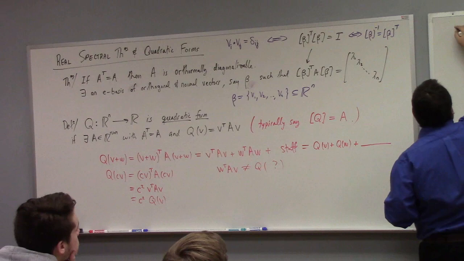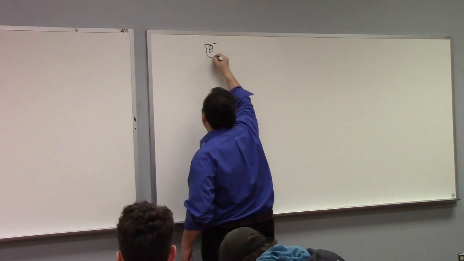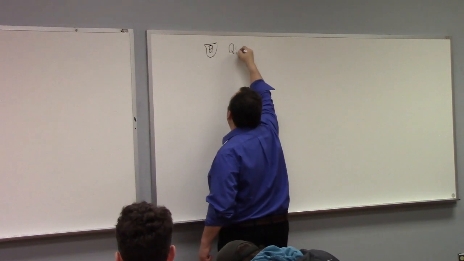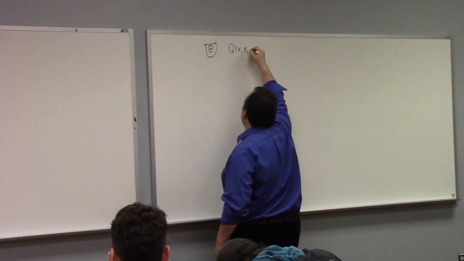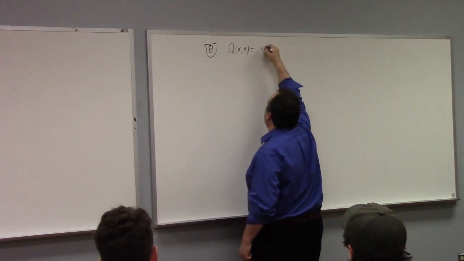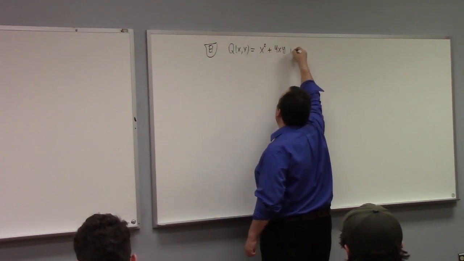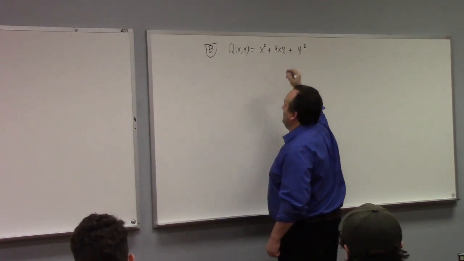So example one. Suppose we've got Q of x, y equal to x squared plus 4xy plus y squared. There's my example one.